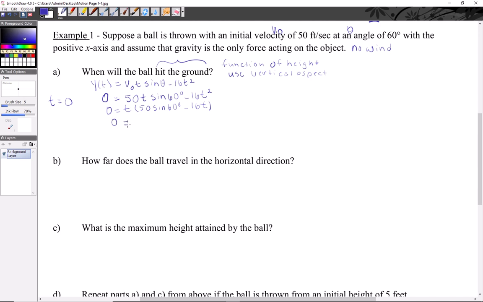So 0 equals 50 sine 60 degrees minus 16t. All right, we can add the 16t over, so 16t equals 50 sine 60 degrees, and just divide out the 16.